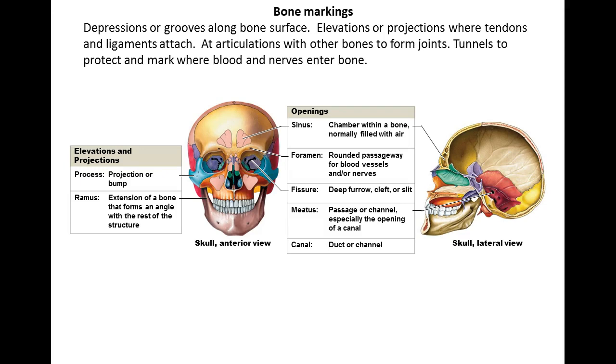You also have bone markings at articulations, or ends of the bones, where a bone is going to form a joint with another bone. Many times those projections are so that the bones can fit together in a logical way.